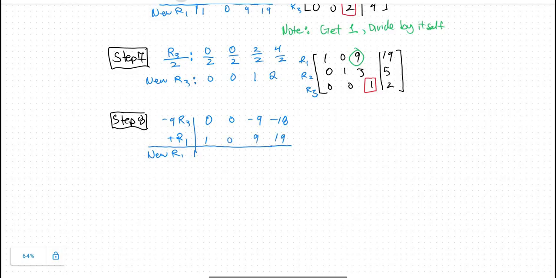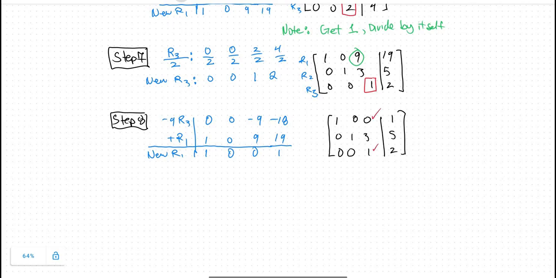If you add, you get a 1, then you get a 0, you get a 0, and you get a 1. So if you put everything together, 1, 0, 0, and then you get a 1, and then 0, 1, 3, and 5, 0, 0, 1, and 2. Progress check.